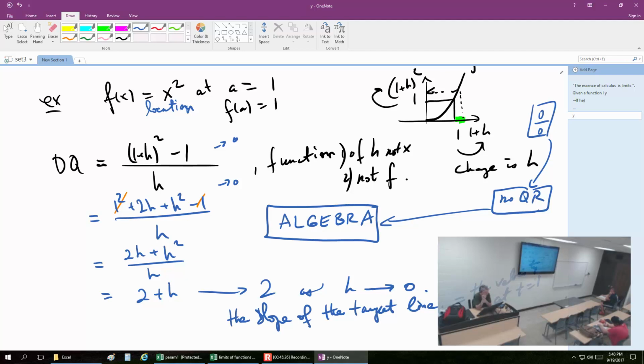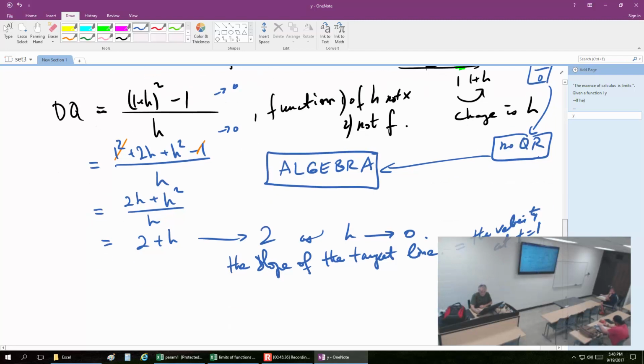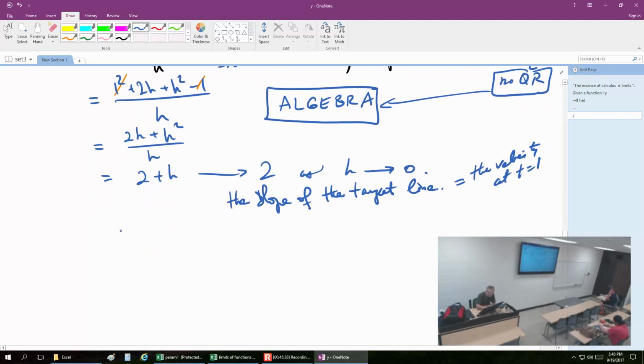So either you go with motion, if that makes you more comfortable, or geometry in a pure sense. You just draw, and if you give it some thought, it is actually a very geometrical idea. What we just discovered is the slope of the line, but if we know the slope, we know the line too, because we know what the point is.